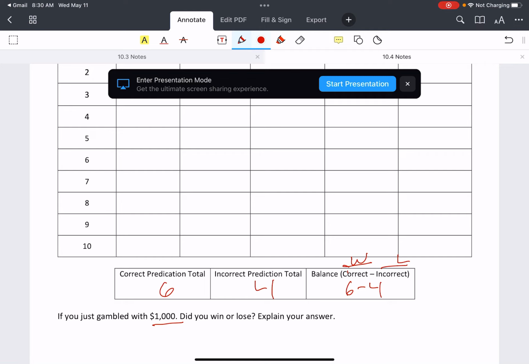You guys, the Kentucky Derby just happened last week, with horses, right? I don't know how many horses are in it, maybe 20 or something like that. So does each horse have a 1 out of 20 chance of winning? No. There's some horses that are way more likely to win.